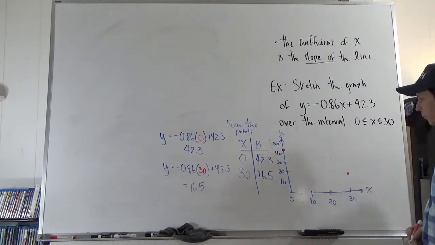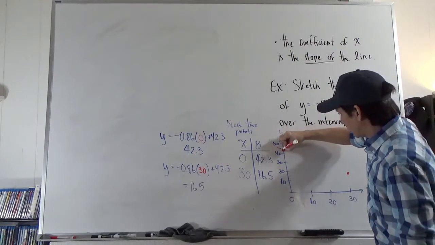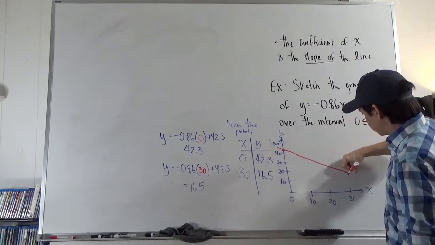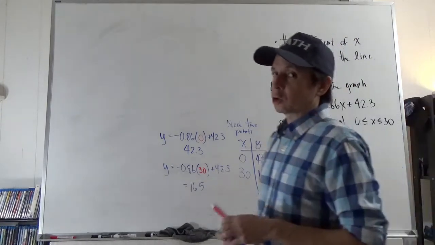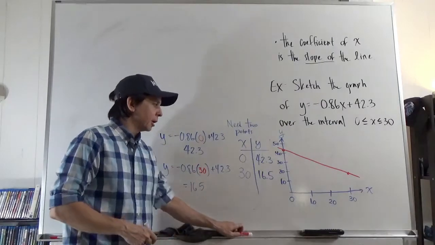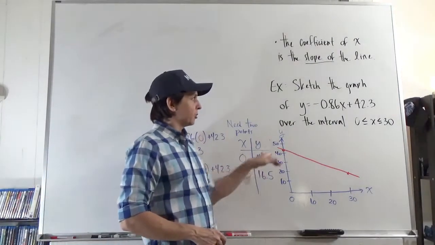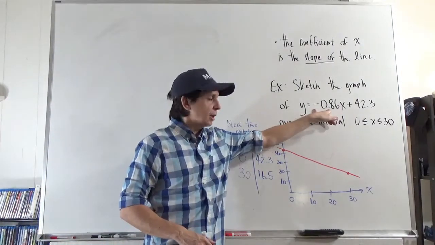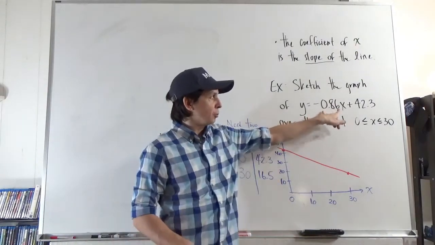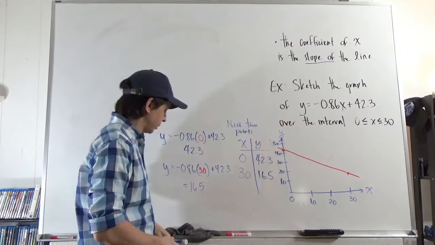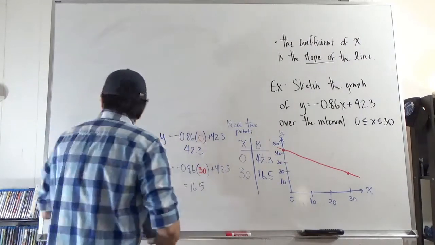So about there. And then you would just draw a straight line using your ruler, and hopefully all this is done with a ruler and somewhat nice, but it's fine if it's not. I just want to make sure you know the principle behind it using 2 points. These are 2 points that satisfy and therefore are on this line, and you're graphing the entire line, the set of all points that satisfy that, the set of all pairs of x, y. Okay.